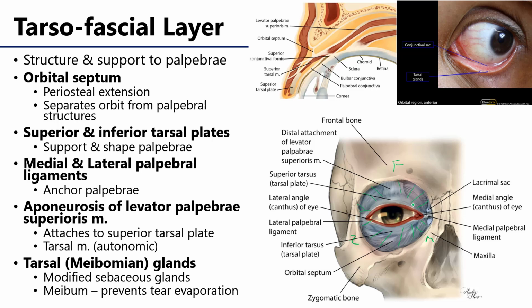That periosteal extension is the orbital septum. This septum is what will define what is orbital versus what is palpebral, even though it's found within the palpebrae. Anything deep to the orbital septum would be classified, in terms of infections, as an orbital infection, and anything superficial to it would be palpebral.